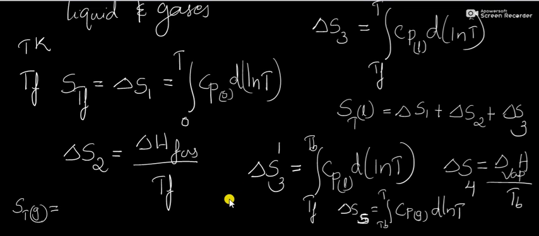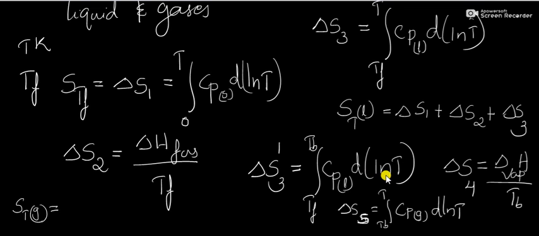That is, the liquid is heated from TF to Tb, that is our boiling point. From its Cp values determined in this range, the entropy change delta S3 dash in this process can be calculated. That is delta S3 dash equal to integral TF to Tb Cp of liquid into d of ln T.